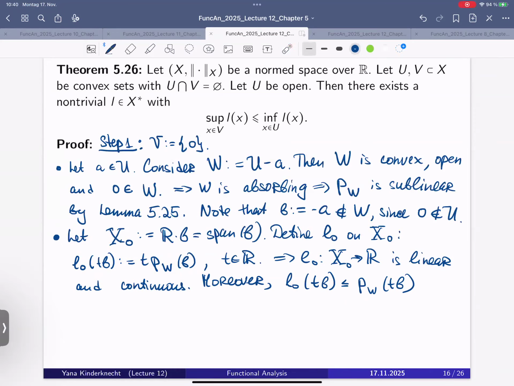So let me clarify this inequality probably. For T non-negative, L0 of TB is just T times p_W of B, and we use this positive homogeneity.